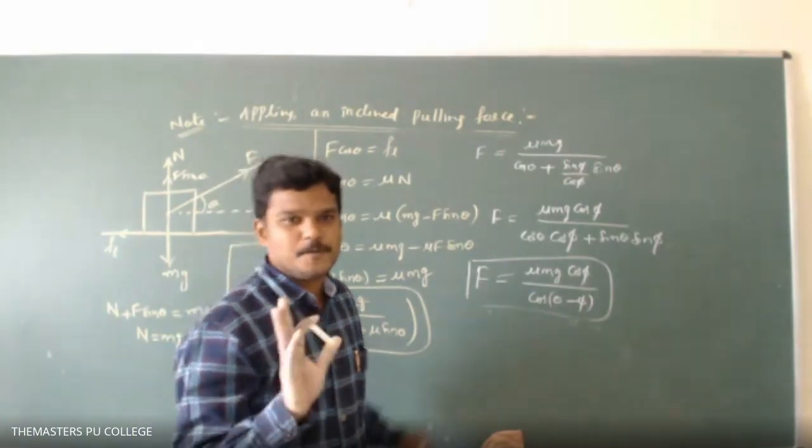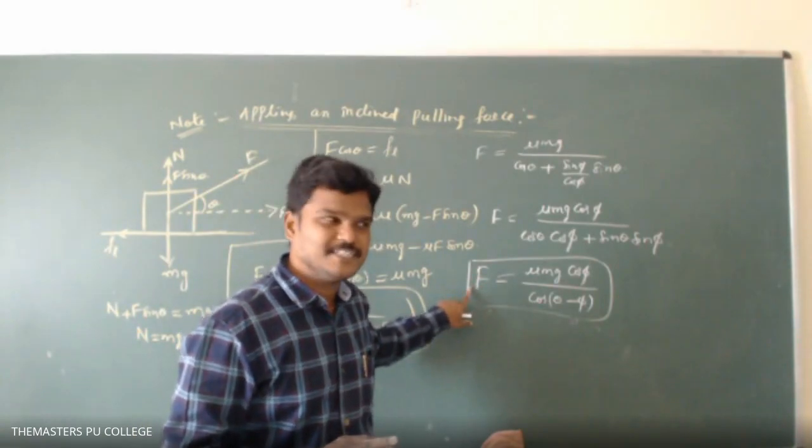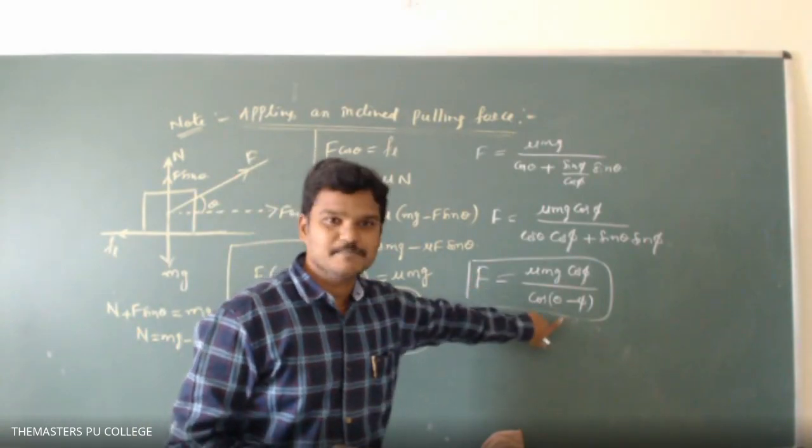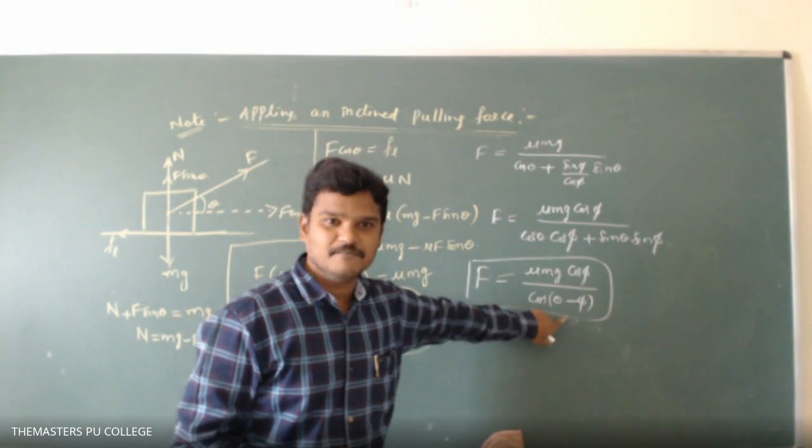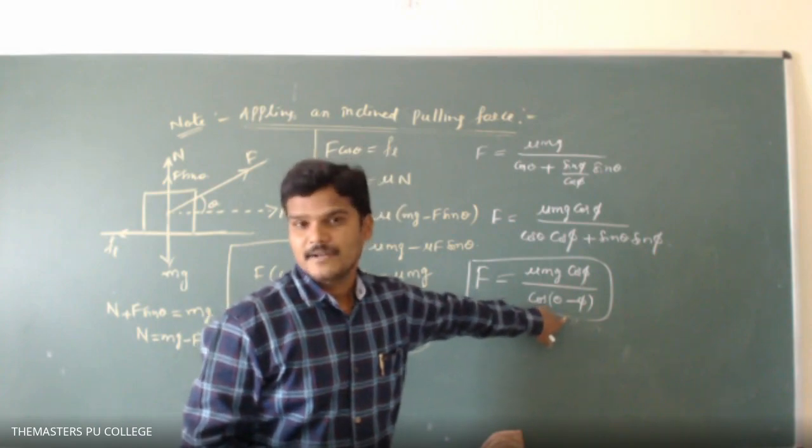Clear? I want to get the minimum force. When the denominator is maximum, the force is minimum. Cos 0 is maximum.